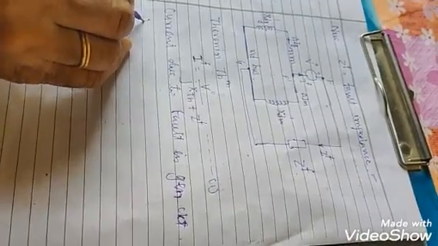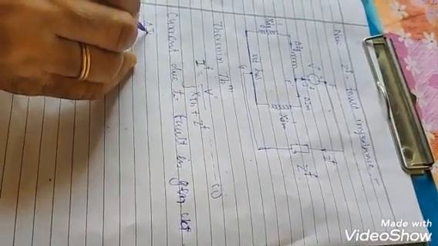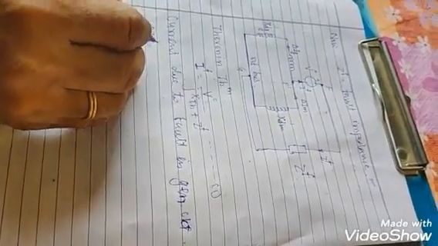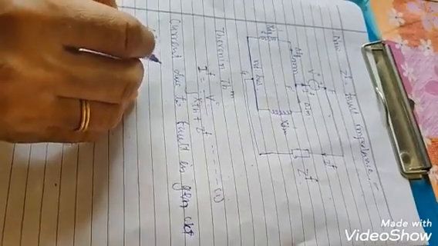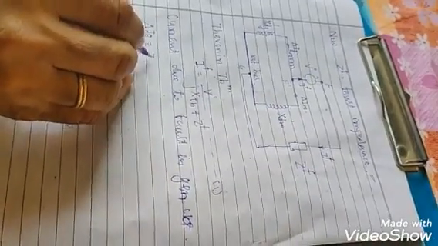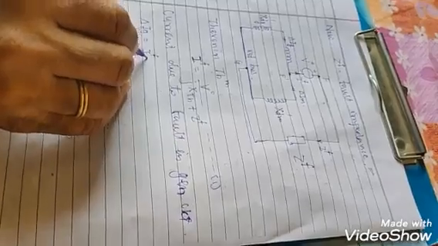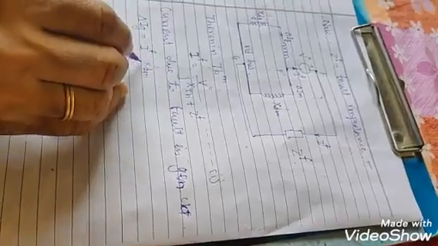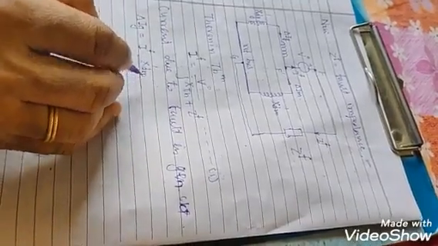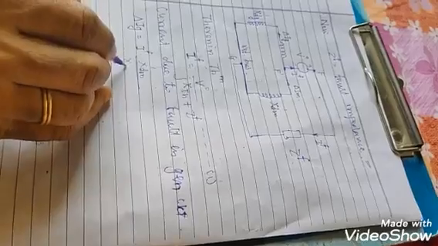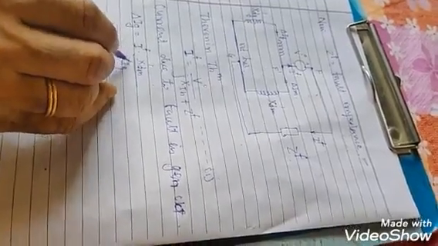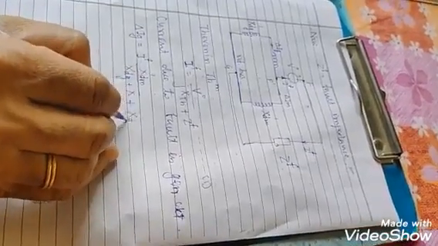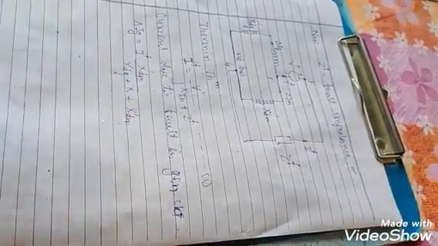From the current division method, the current in the generator circuit, delta IG, is equal to the total current delivered to the fault, IF, into XDM dash upon XDG dash plus X plus XDM dash.